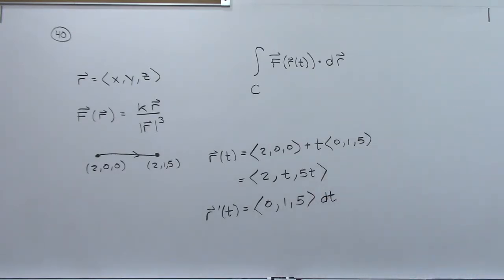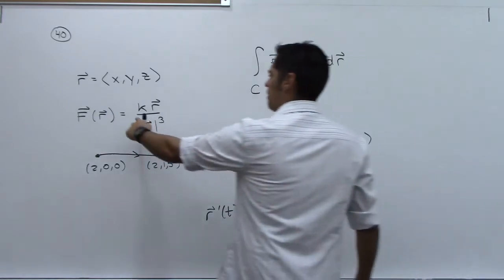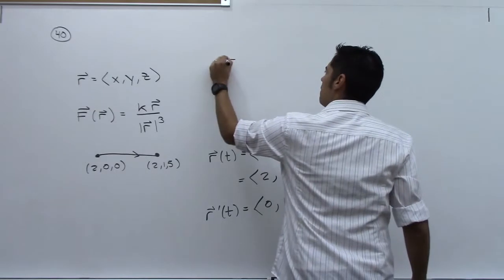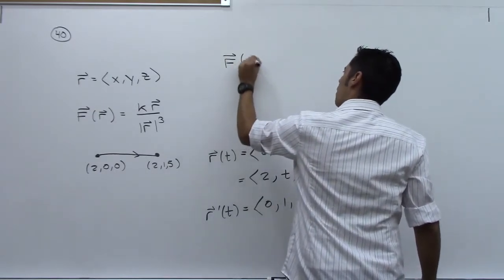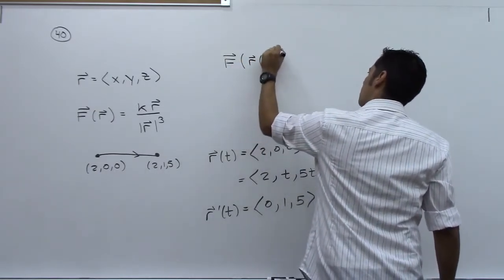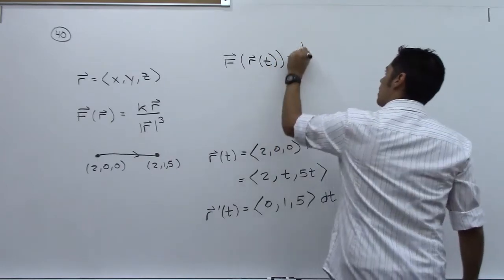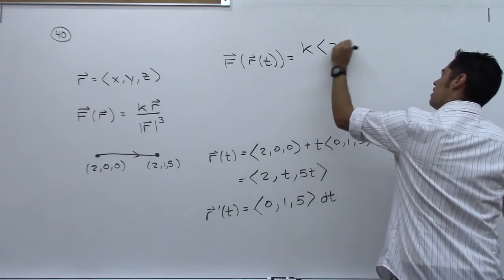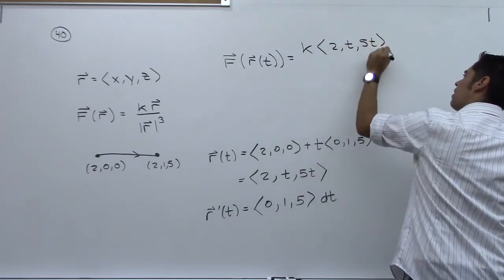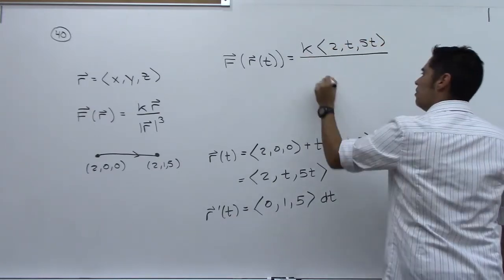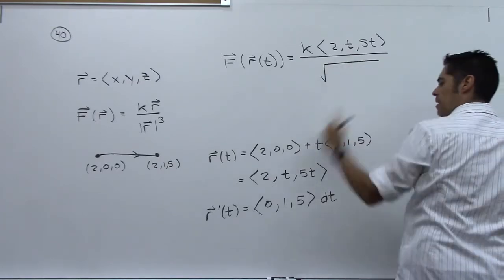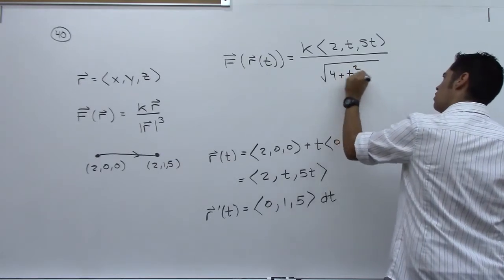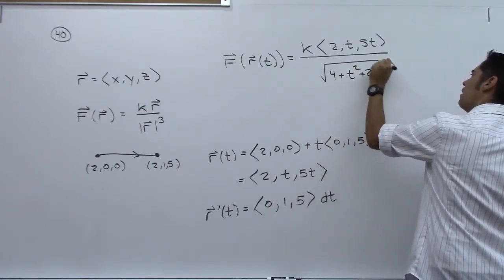So let's go ahead and try and figure out what this is. F of r of t will be equal to k times the vector r, which is 2, t, 5t, over the magnitude of this, which is the square root of 4 plus t squared plus 25t squared.